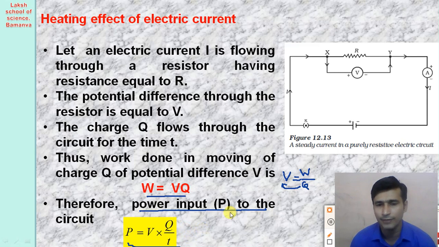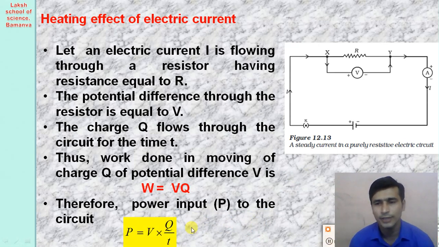Here, the definition of power P is the rate of work done. So work done divided by time is called the power. From this definition, the power P is equal to V into Q by t.